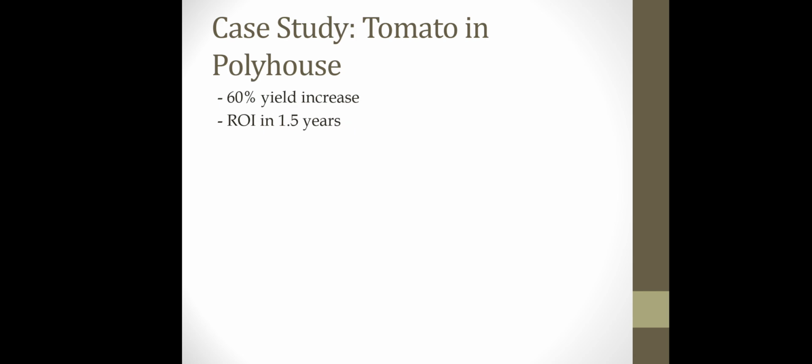This is the case study we have already seen, tomato in a polyhouse. While considering these things, tomato yield increased by 60%. The return on investment also increased in 1.5 years while considering this management of crop growth.